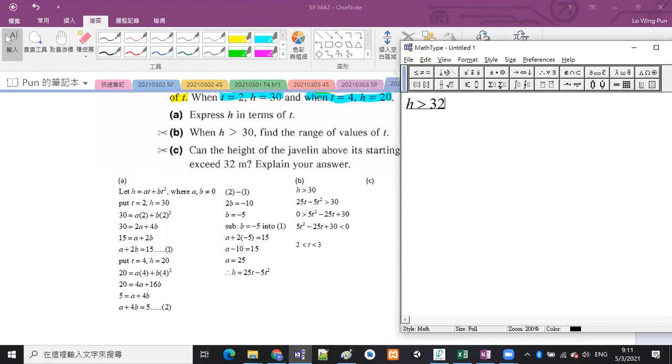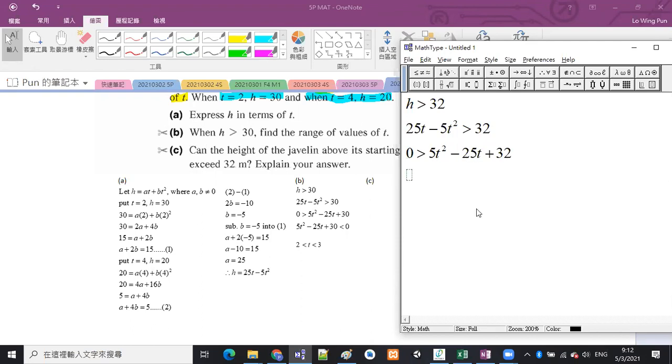I want H to be larger than 32, but what is H? H is 25t minus 5t squared, and then I want it to be larger than 32. And again, it is a quadratic inequality. And we do the same thing. We move all the terms to the right-hand side. 0 is larger than 5t squared minus 25t plus 32. Okay?